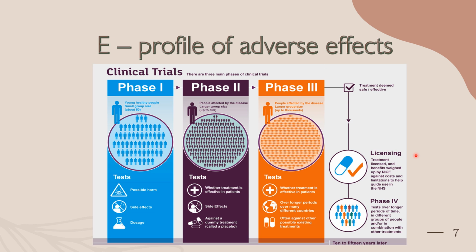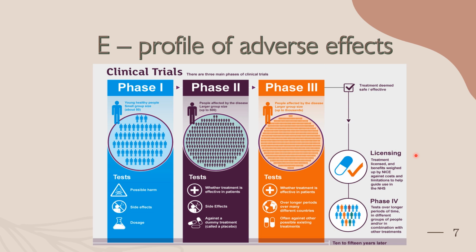In total, there are 4 phases for a clinical trial. Phase 1 is when young healthy people, it's not on the patients, it's a very initial stage of the trial where after the animal trial they are ready for use in the human population.